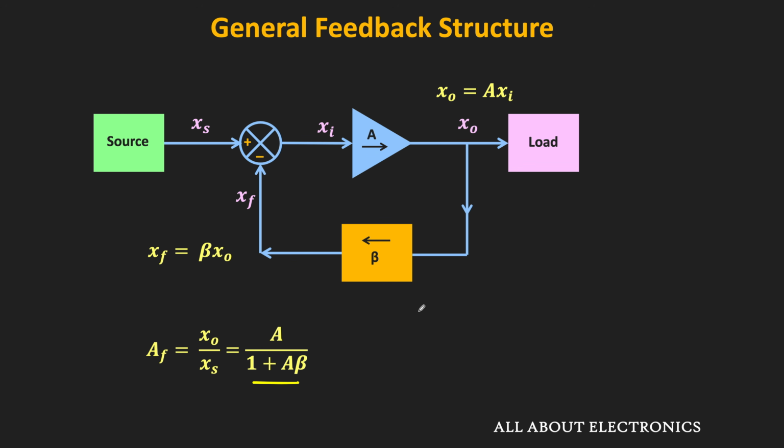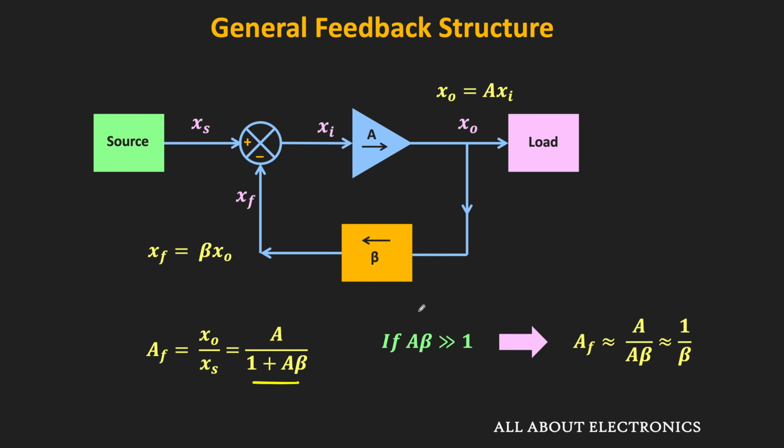Whenever the loop gain A beta is much greater than 1, the closed loop gain AF can be approximately written as A divided by A beta, or simply 1 divided by beta. That means whenever the loop gain A beta is much greater than 1, the closed loop gain is almost independent of the open loop gain.